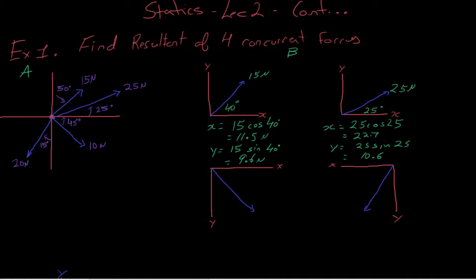The third one is the 10 newtons that I have here, and it is 45 degrees from the x-axis. So therefore, x is equal to 10 cos 45 degrees, which equals, not 22.7 actually, it equals 7.07.